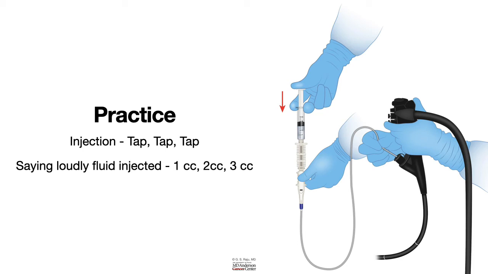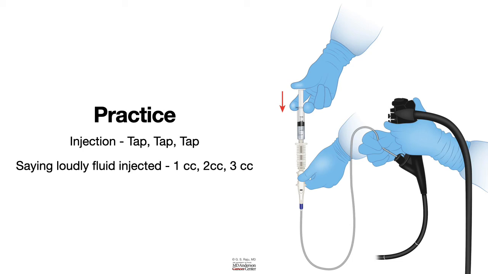The reason why it's important is if you're injecting and you don't say loudly how much you injected, the endoscopist is thinking that you're still injecting, and you may have already completely emptied the 10 cc syringe. The endoscopist may have dropped all the 10 cc into the peritoneal cavity because the needle has gone through and through.